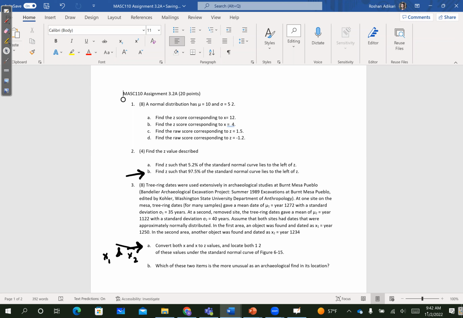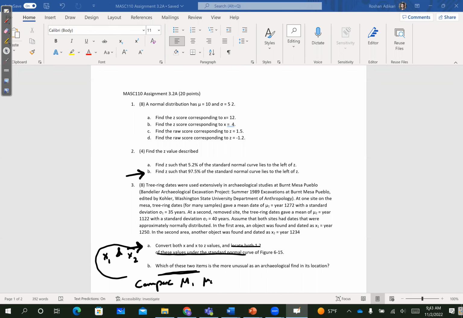Well, that's all you need to do. So forget about this part. And then, for this one, what you need to do is compare that with mu1 and mu2. Compare mu1 and mu2, and whichever one is far away, that's going to be unusual. That's not that hard.